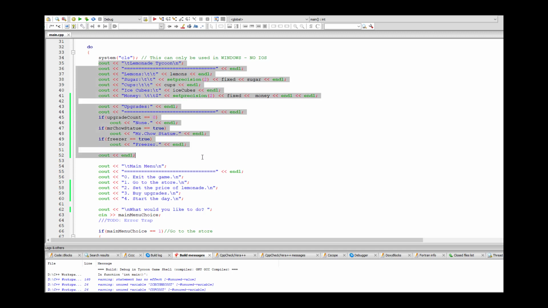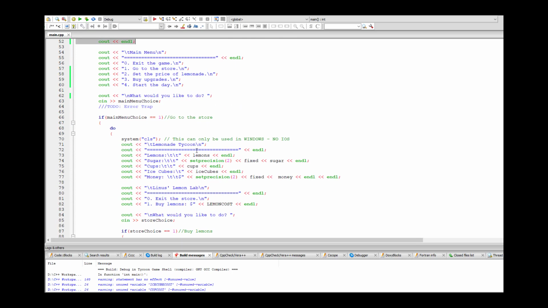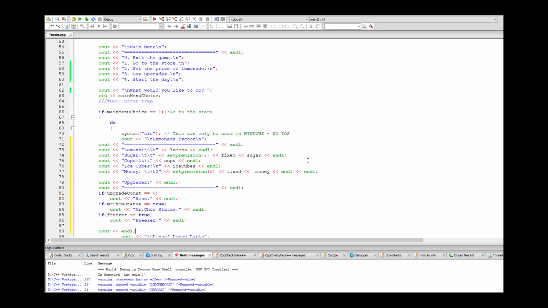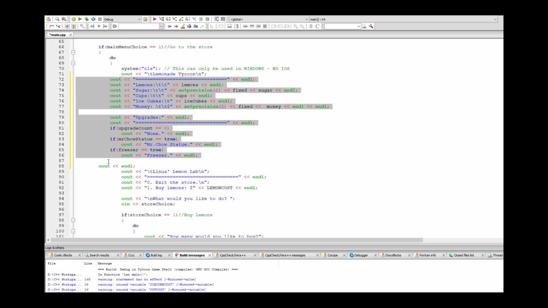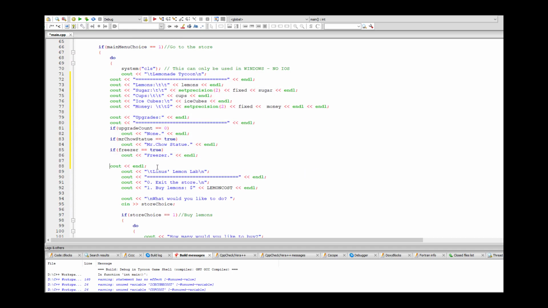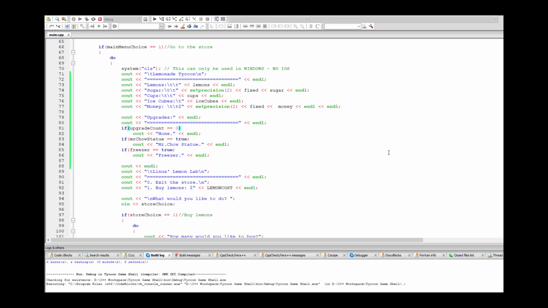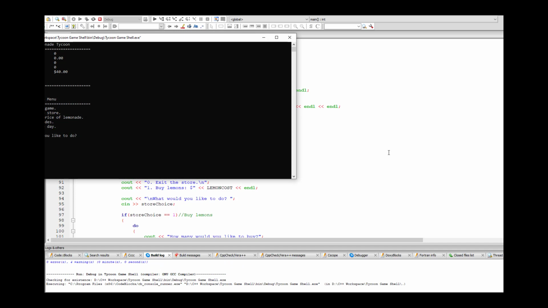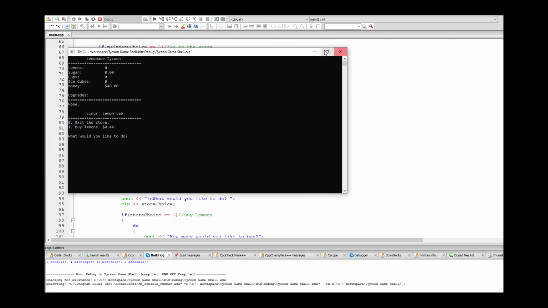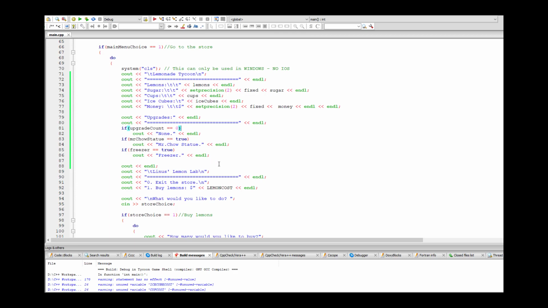So we will just need this section here. All right, let's just make sure the menu looks right. So none, I go to the store. Good, okay, and go back. All right, so the menu still looks consistent between the store and the main program.